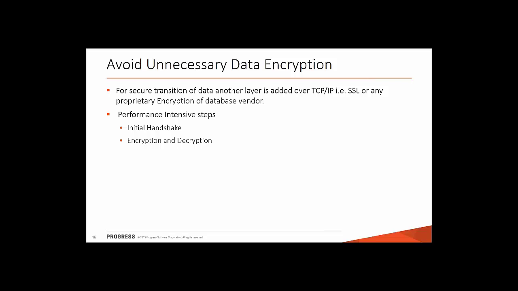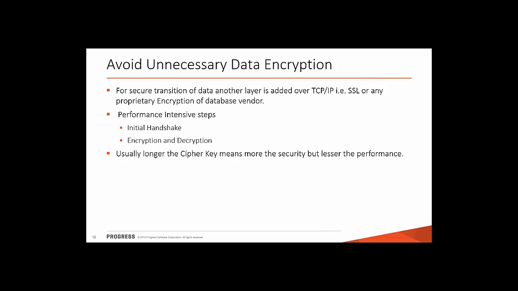It takes a lot of time because there are multiple round trips involved for certificate and key validation, cipher negotiation, and the usual connection creation. So the initial handshake is one of the performance heavy steps. Apart from that, for every data transfer you have to go through an encryption and decryption cycle. So using encryption for security is usually performance heavy.